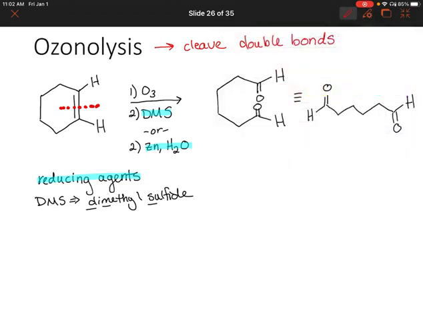So if you're a little rusty on your functional groups, definitely go back to your notes from 161 and just kind of review the names of different functional groups. But remember that an aldehyde has a carbonyl group, so a carbon double bonded to an oxygen, and then we also have a hydrogen bonded to that carbon.